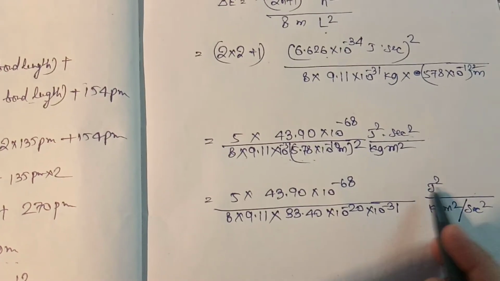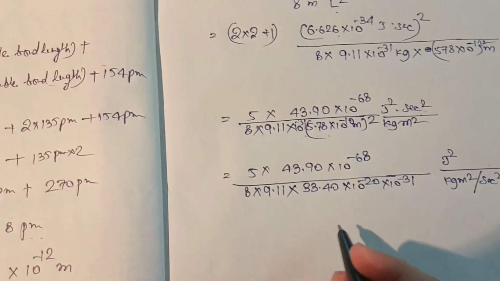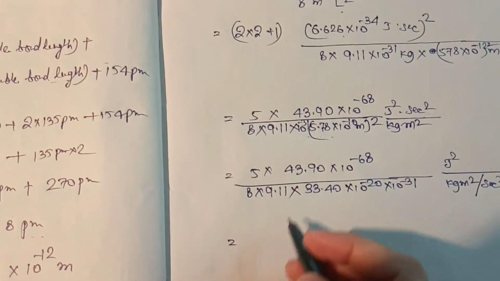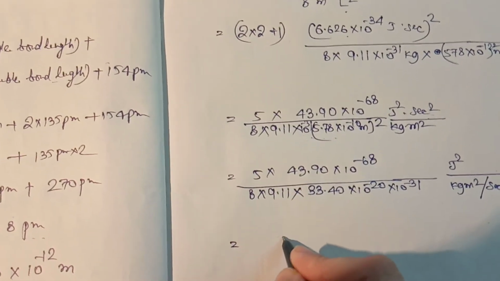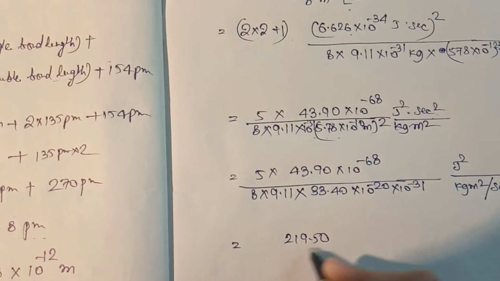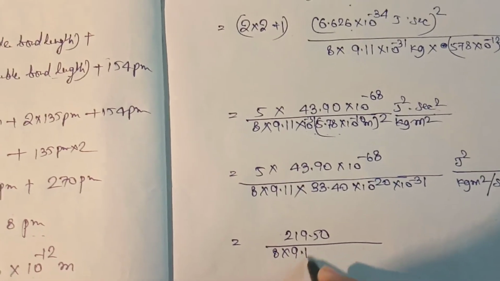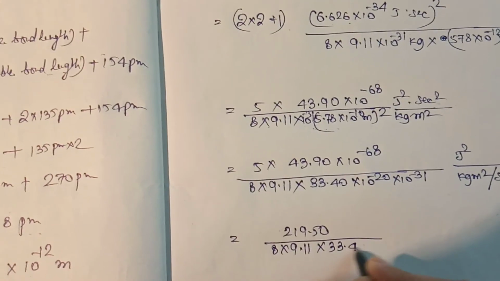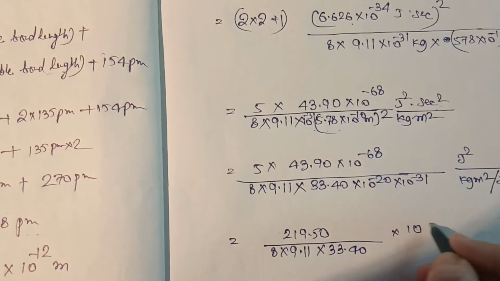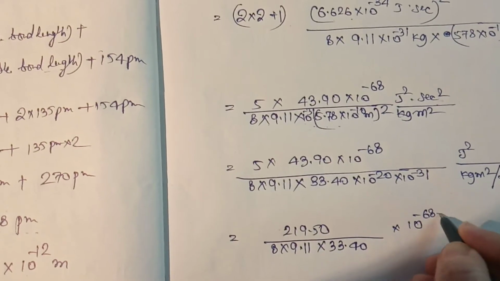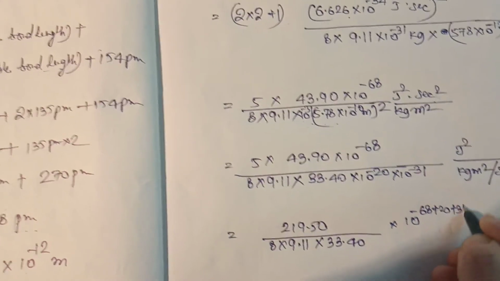We can rewrite the expression like this. After multiplication by 5 we get 219.50 divided by 8 into 9.11 into 33.40. We will add up the powers of 10: minus 68 plus 20 plus 31.